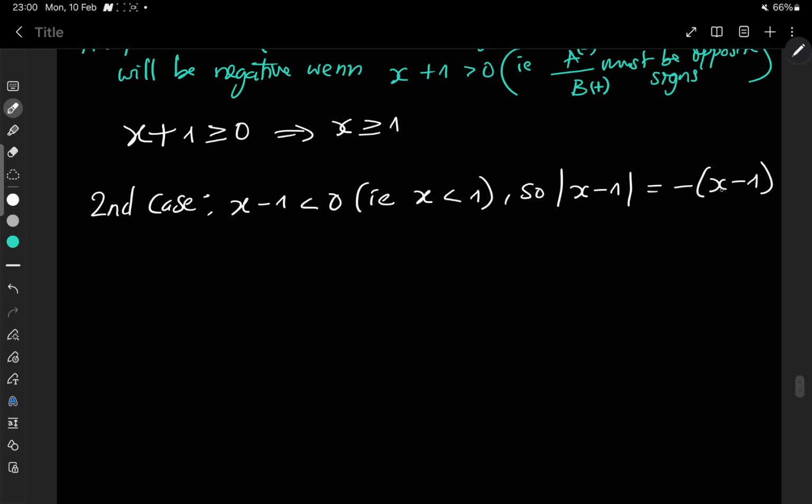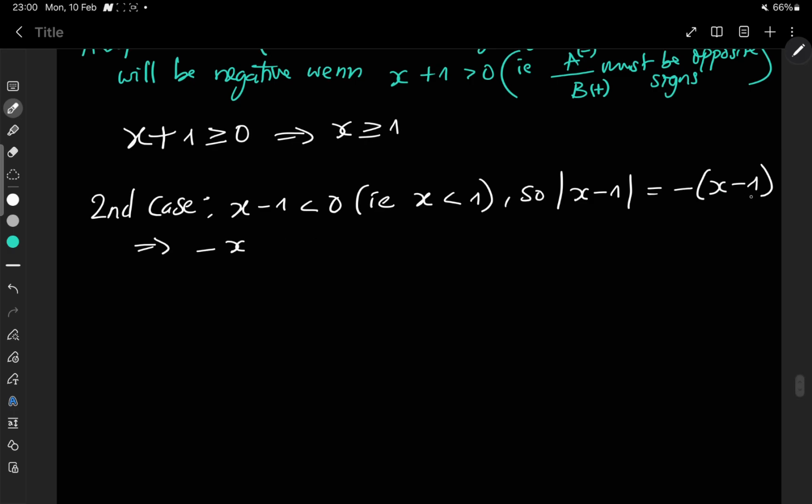Minus sign multiplied by x is going to give us minus x. Minus times plus minus 1 is going to give us plus 1. So this is, as a matter of fact, going to be 1 minus x. It means the same thing. Minus x plus 1 is the same thing as 1 minus x.